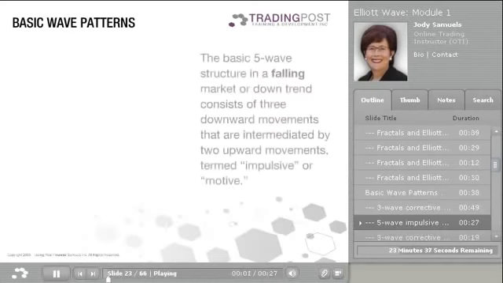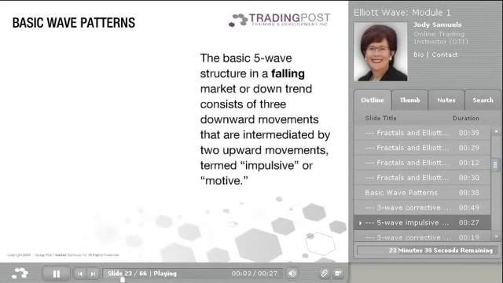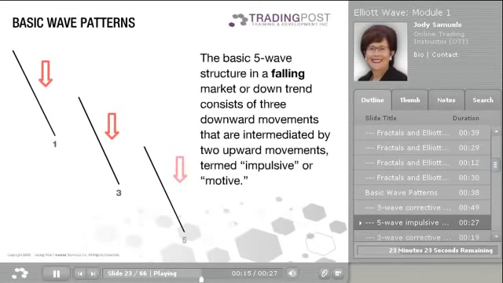The basic five-wave structure in a falling market or downtrend will repeat itself in the opposite direction when a complete cycle occurs. As such, a downward wave structure will consist of three downward movements that are intermediated by two upward movements.